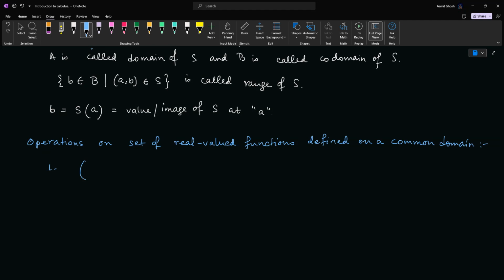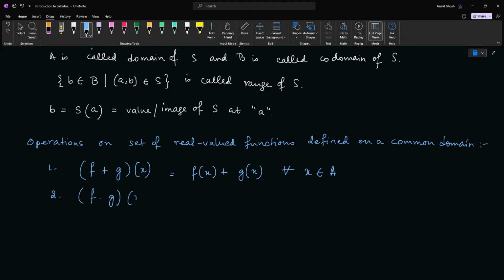Number one, let us say there are two functions f and g. If you add them with respect to x, it means f(x) plus g(x). These are two separate functions, but we will consider their addition if the functions are added individually, for x belonging to A.